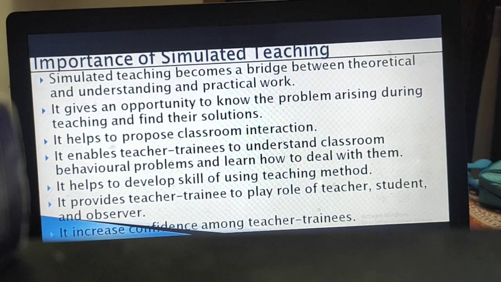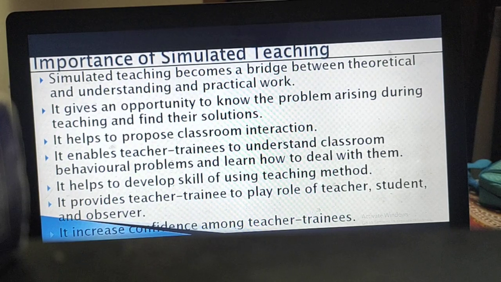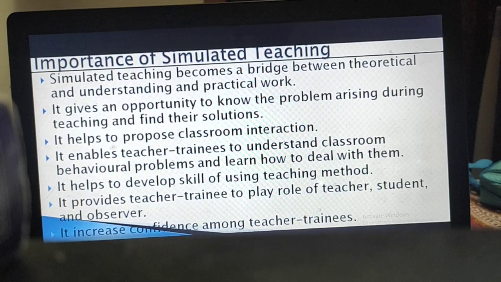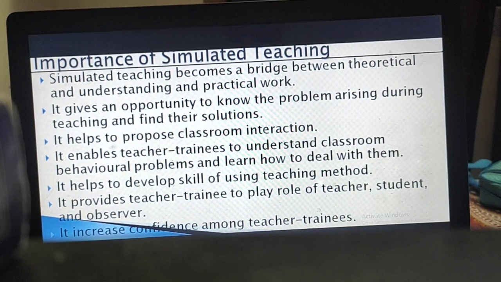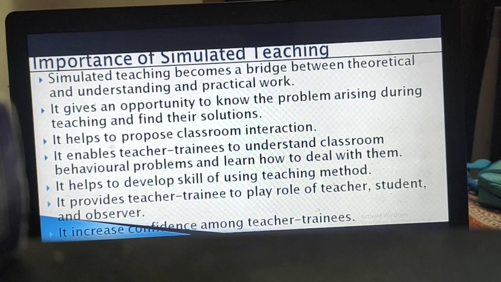Now some importance of simulated teaching is mentioned. Why is simulated teaching important in our educational system? Simulated teaching makes a bridge between theoretical and practical work. It also provides the opportunity to solve problems arising during real classroom situations.